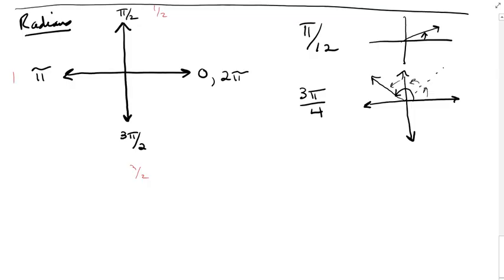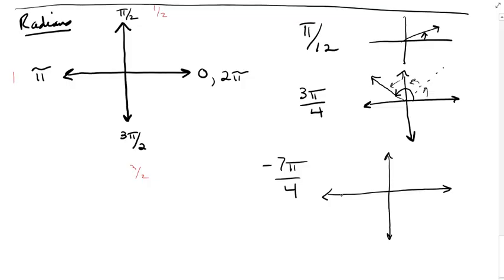So we'll do one more. And let's do negative. Let's see, negative 7 pi over 4. A little bit harder than dealing with negatives in degrees. So what I would do, well, there's different ways to actually work around these negative angles.